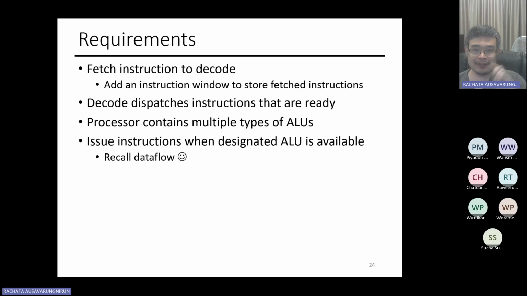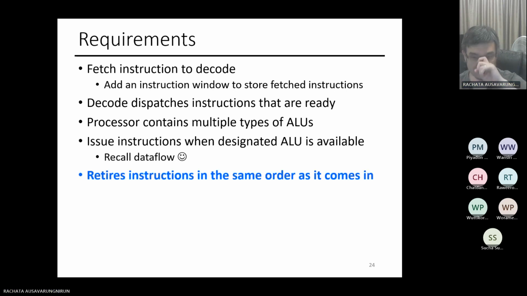Now, the instructions are going to be issued in data flow order, because I do out of order instruction dispatch. Whenever an ALU is available, I start to run whatever is ready. That becomes the data flow model.